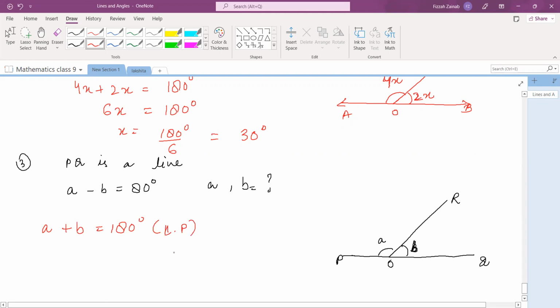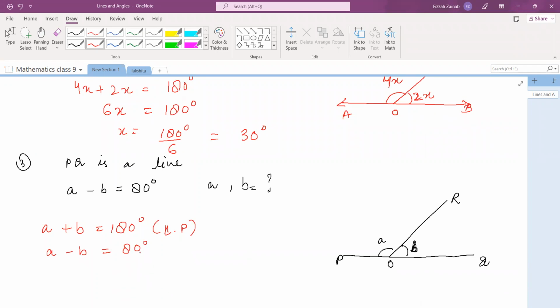It's forming a linear pair. Now it is also given that A minus b is 80 degrees. So basically you have to solve these two equations and find the value of A and b.